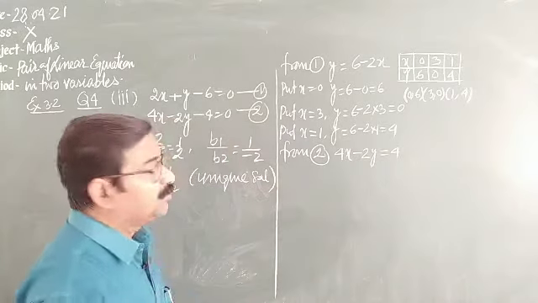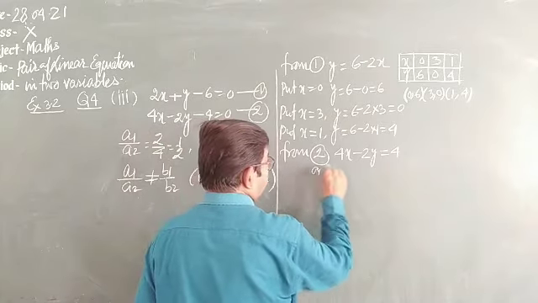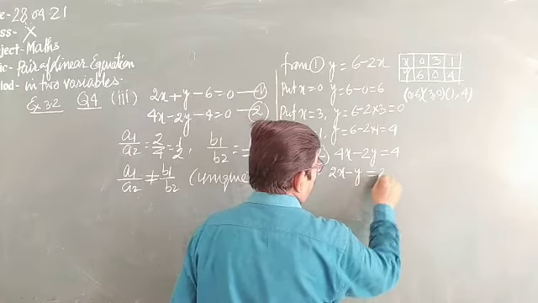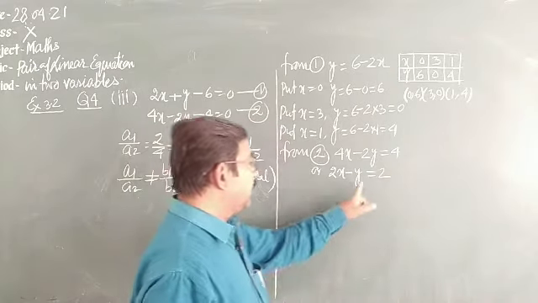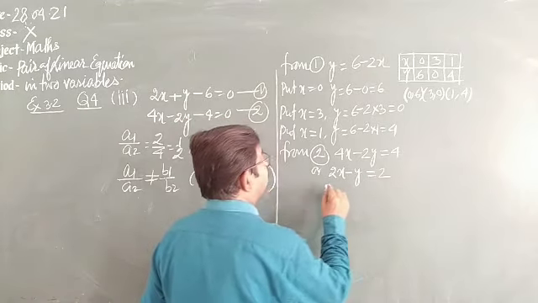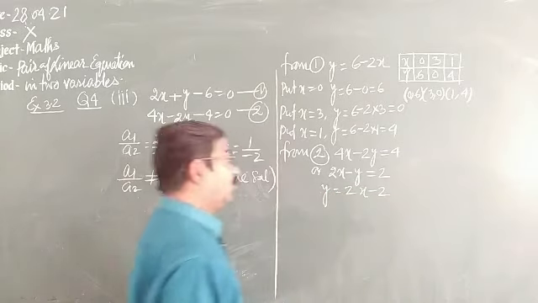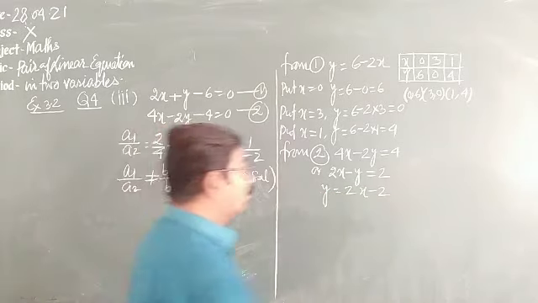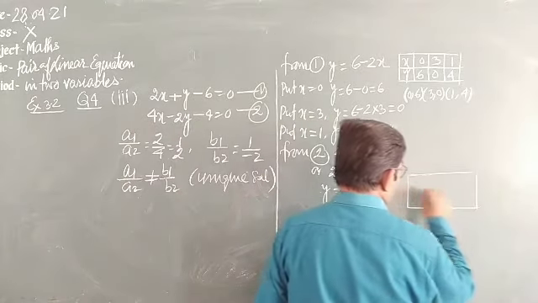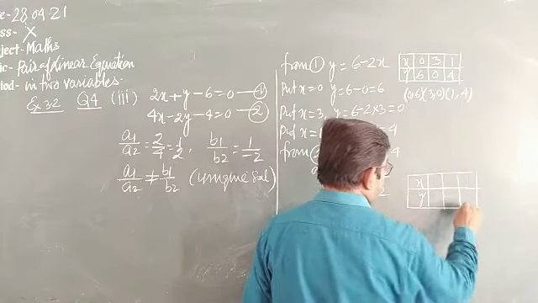First sending this number to the right, divide by 2, so this is 2x minus y is equal to 2. Send this y to this side and bring this to the other side. So we have y is equal to 2x minus 2. Again make a box for x and y, 3 values.